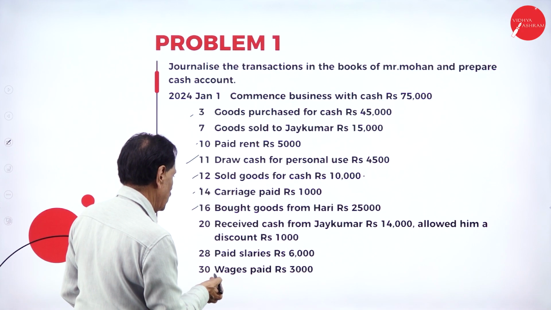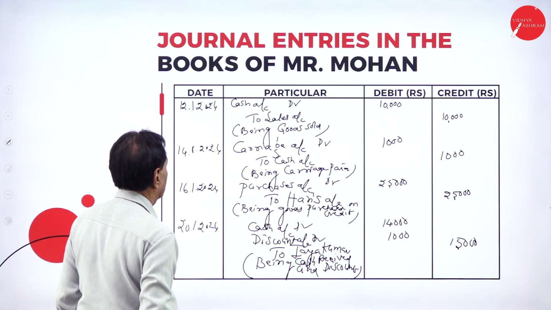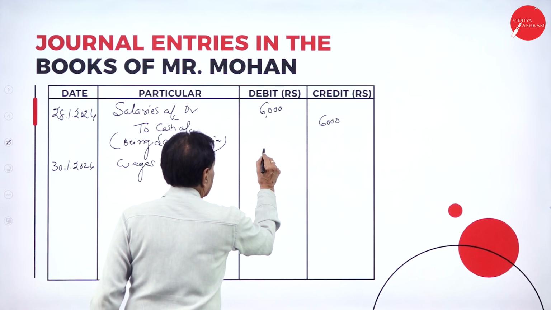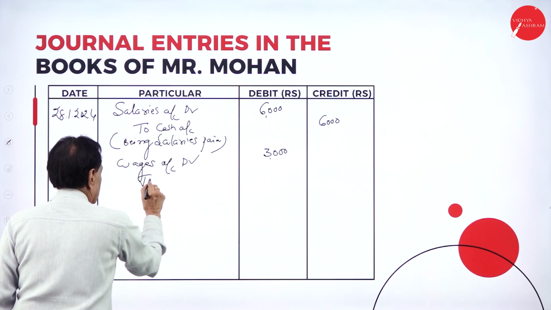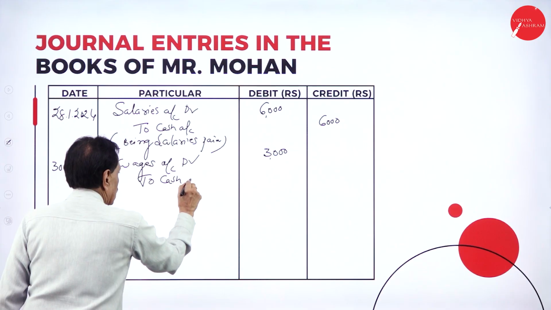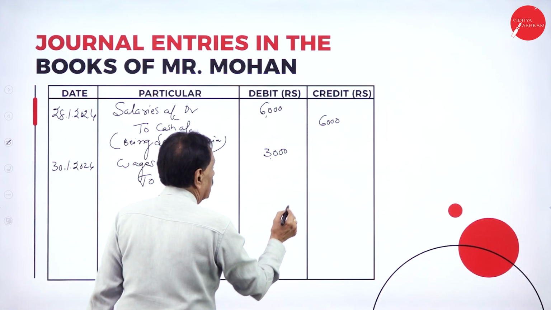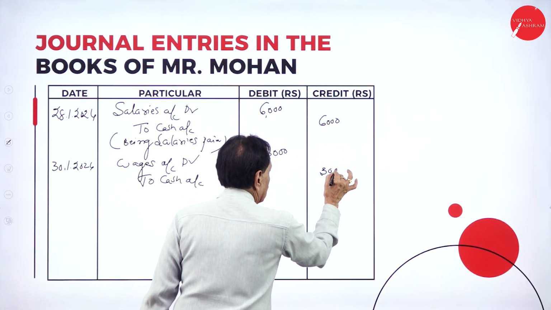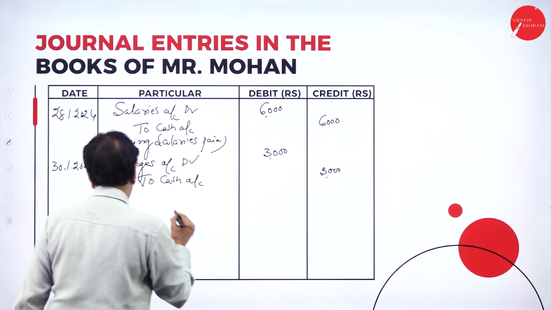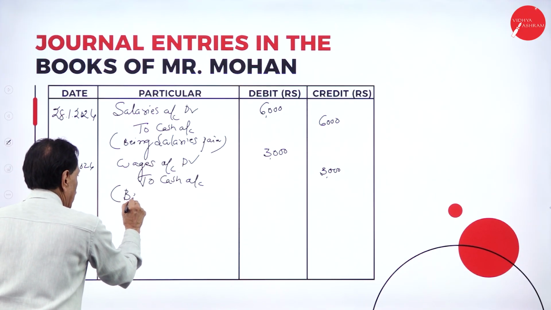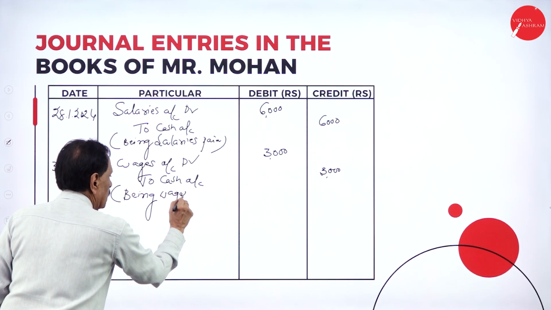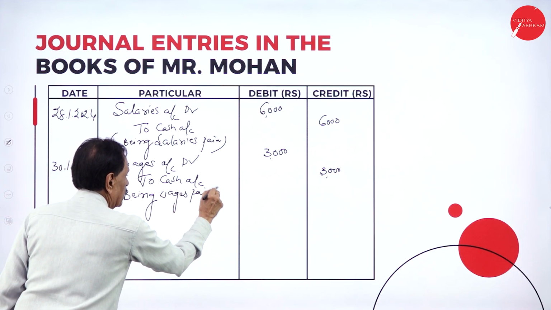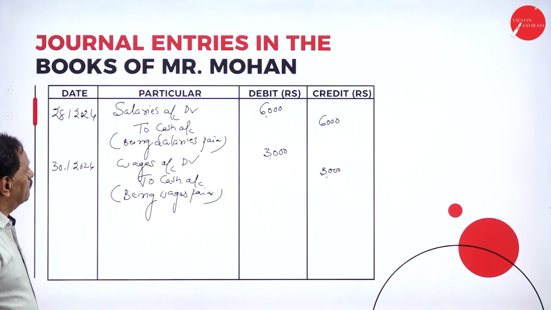How much wages? 3,000, to cash account. Being wages paid. So these are all the journal entries.